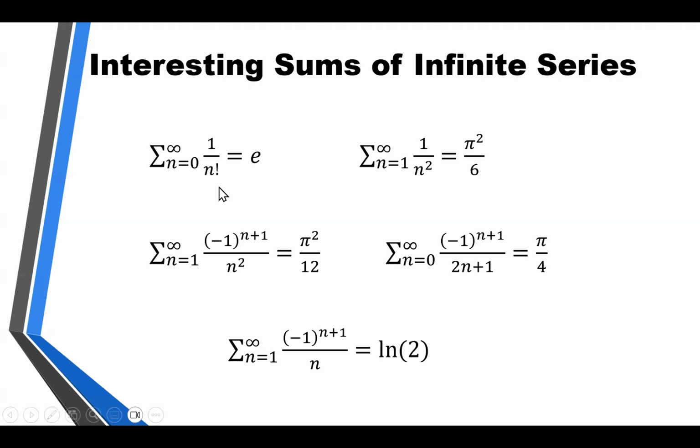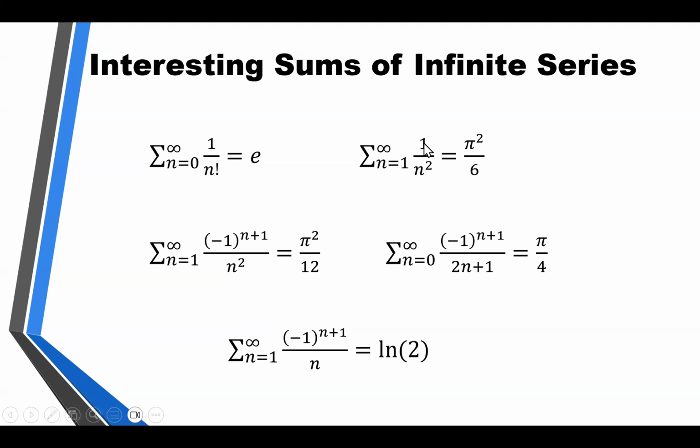It turns out if you sum up 1 over n factorial and you start your count at 0, then you get the number e, the number associated with natural growth, that 2.71828, et cetera number, which is really interesting. You add up a bunch of rational numbers and you end up with something that is irrational.